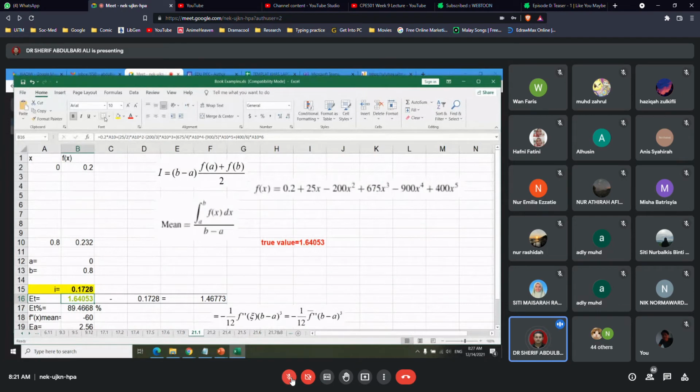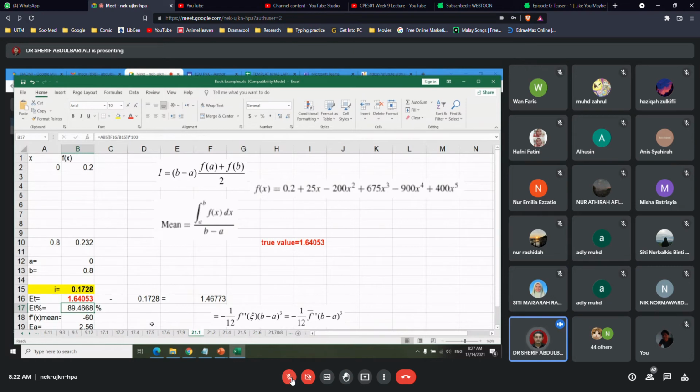This is the true value minus the result I got. So the answer is 1.46. If I want to get this value as a percentage, I need to divide again over the true value. So this is the value of the error in percentage. It's 89% error. It's huge.